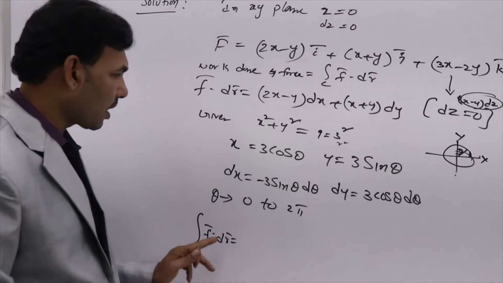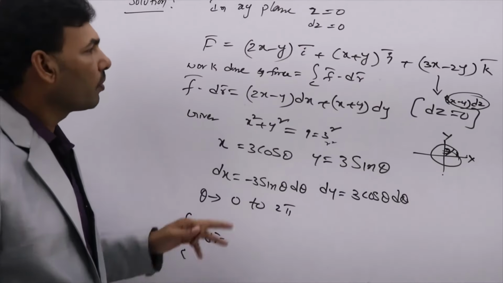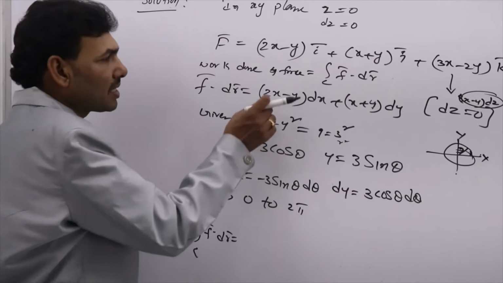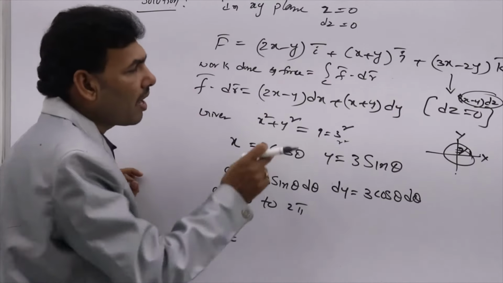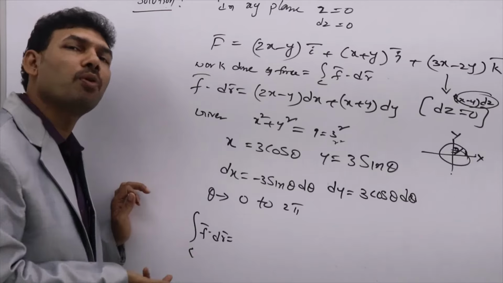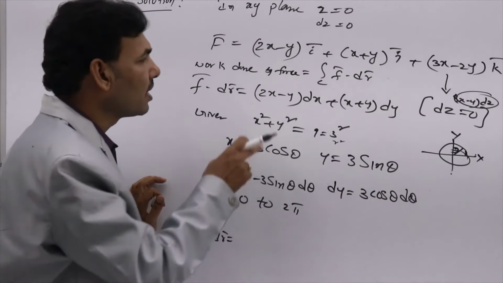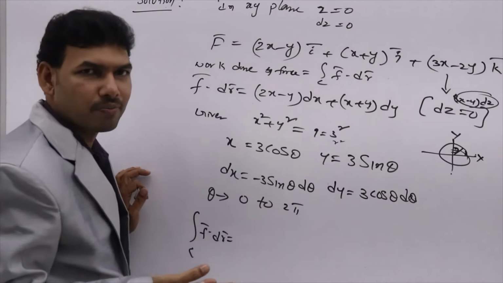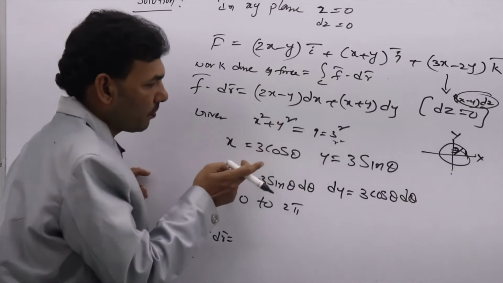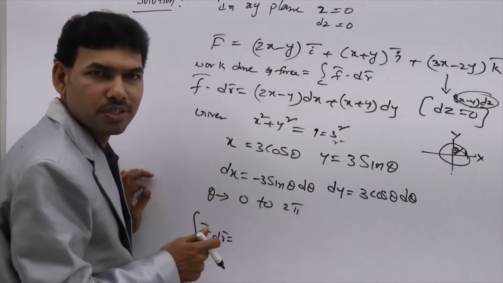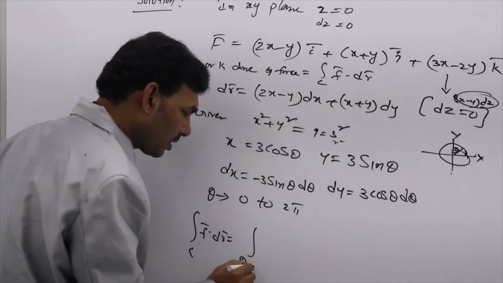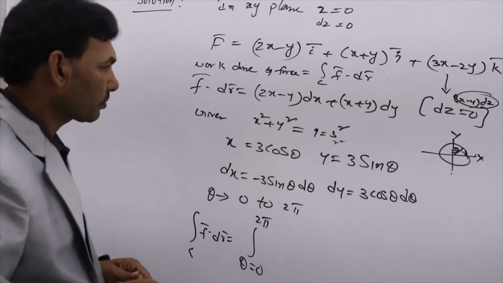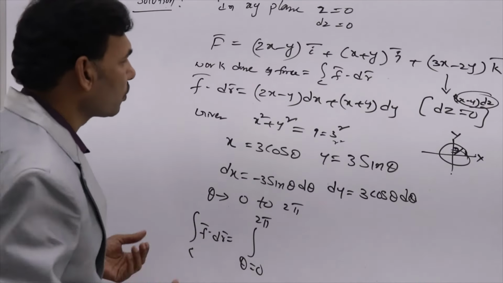Along this curve, which is a circle, evaluating by converting into polar form is easier than in Cartesian. That's why we are converting this integral into polar using these substitutions. The integral is with theta from 0 to 2 pi.